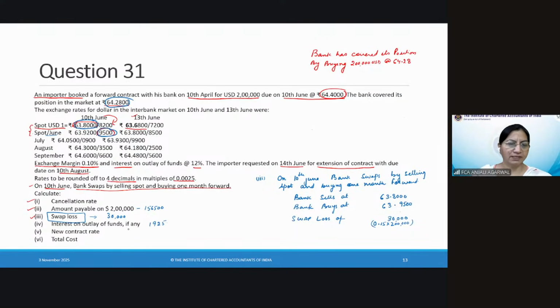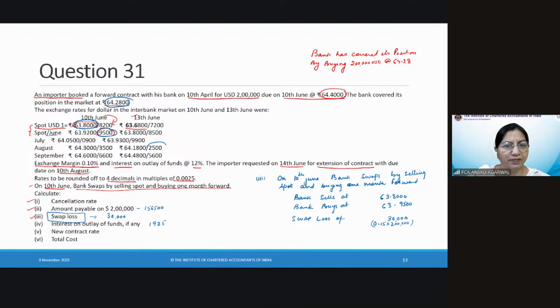Next, the fifth part is asking for the new contract rate. So what would be the new contract rate here? The new contract rate would be for 10th August, but when is it demanded? On 13th June. So the rates applicable for August forward on 13th June would be applicable. Again, he's an importer, so he needs to buy, and the ask would be applicable.